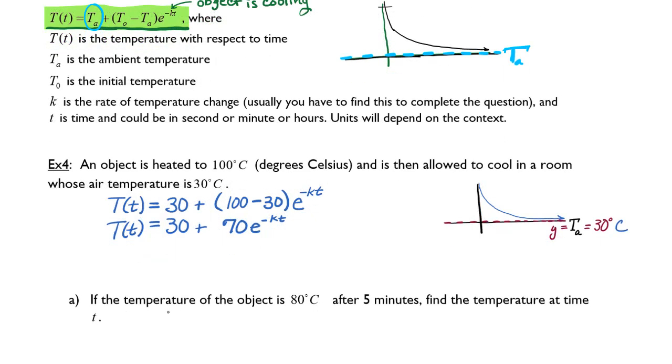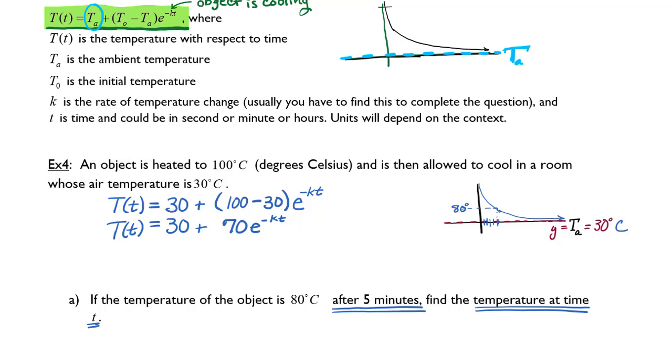And then it says if the temperature of the object is 80 degrees Celsius after 5 minutes, find the temperature at time t. This is a critical piece of information because we know that 5 minutes in, the temperature was 80 degrees.